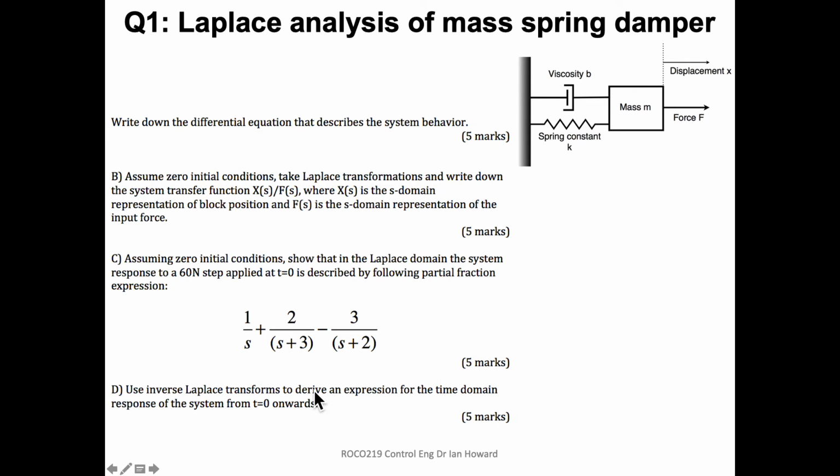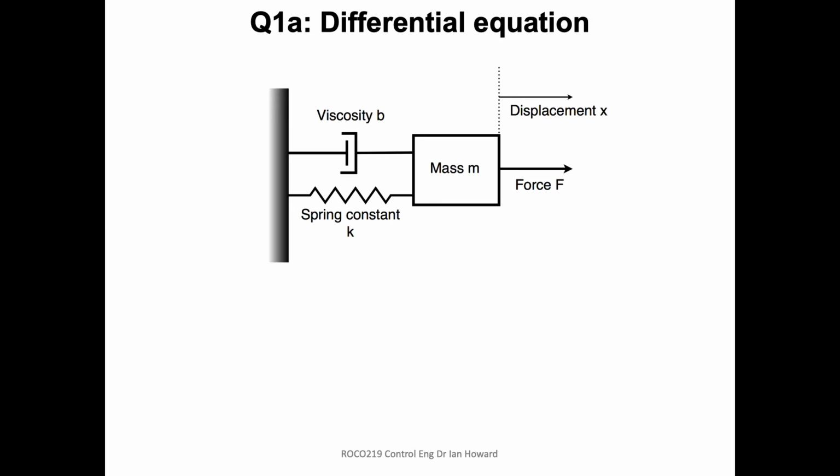So we want to get to this expression by analysis. Finally, from this partial fraction expansion of the response, we'll be able to use inverse Laplace transforms to give the equivalent time domain response of the system from t equals 0 onwards.